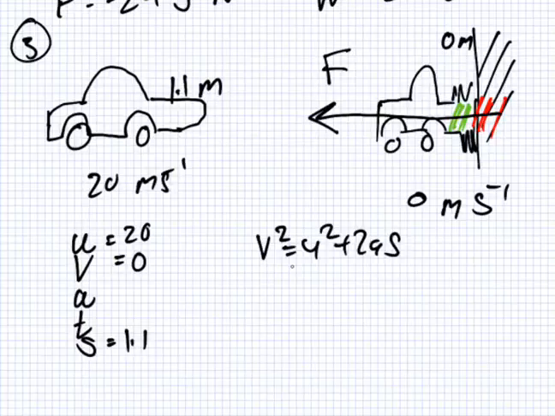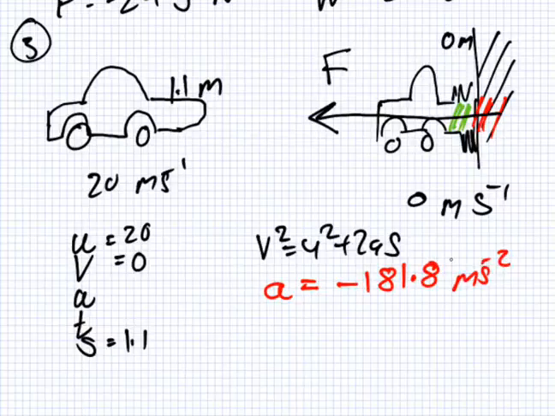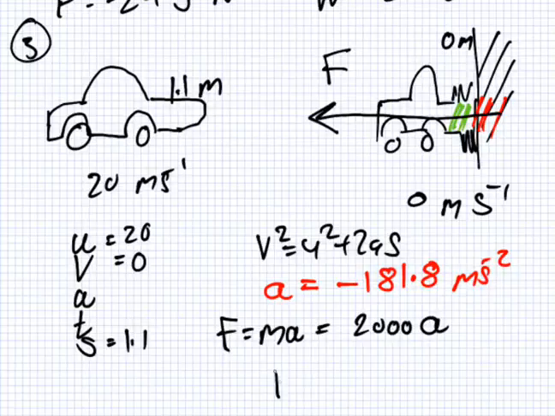The question says the car hits the wall at 20 meters per second. So what happens here, if you look, is it U or V? That's U. The car's going at 20. This is the front of the car. It's not hit the wall. It's going at 20, 20, 20, and then it hits the wall, and when it hits the wall, it slows down.